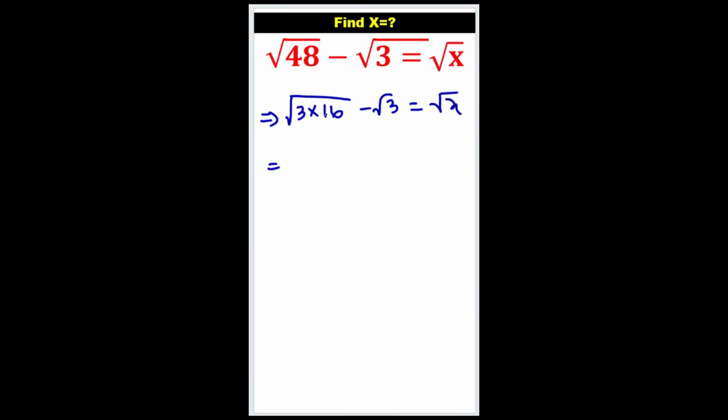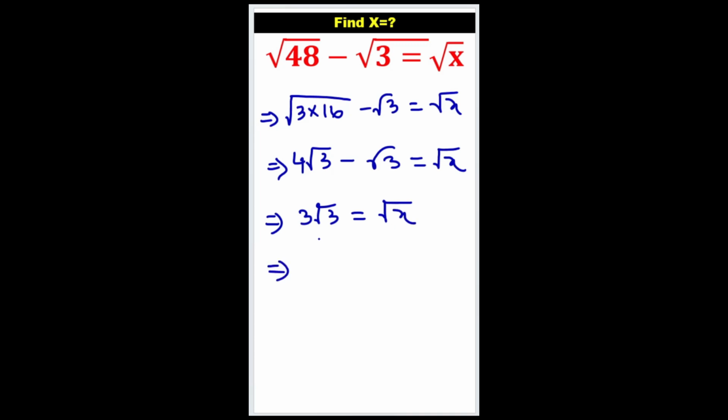So this root 16 means we can write 4, and here is 4 root 3 minus root 3 equals root x. So here is 4 root 3 and here is root 3, so we can write 3 root 3 equals root x. If we square both sides, 9 into 3, and here is x, so x equals 27. Thank you.